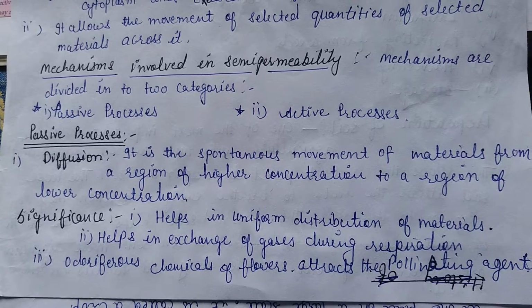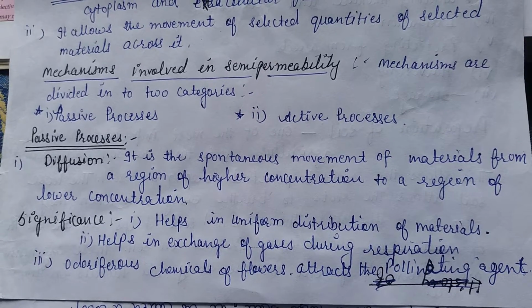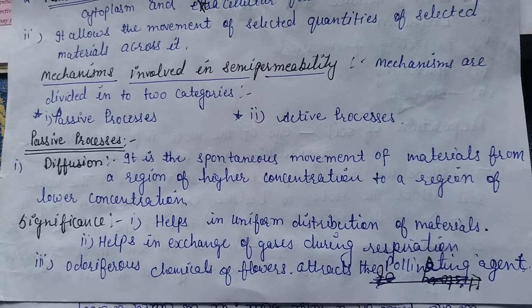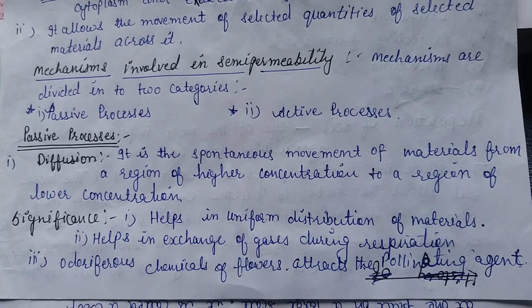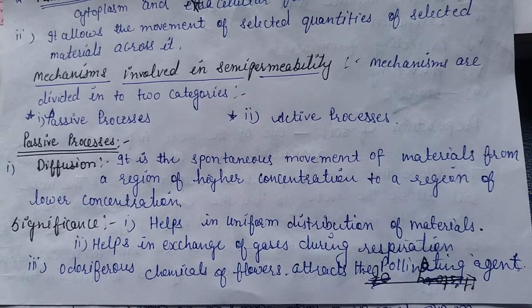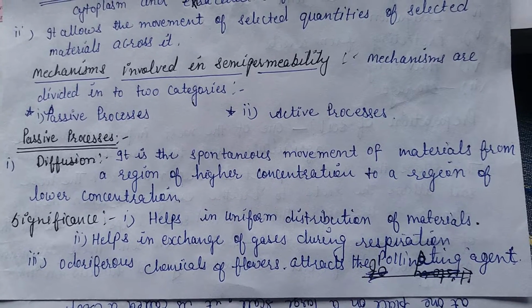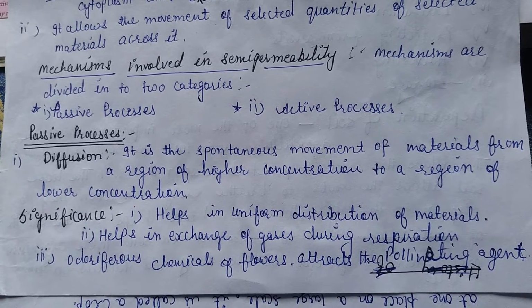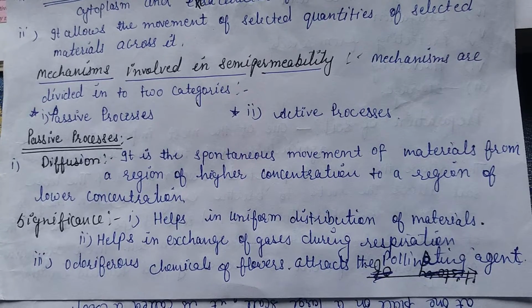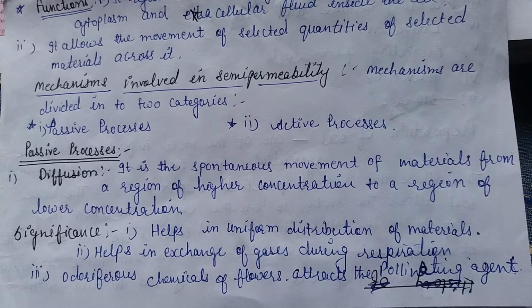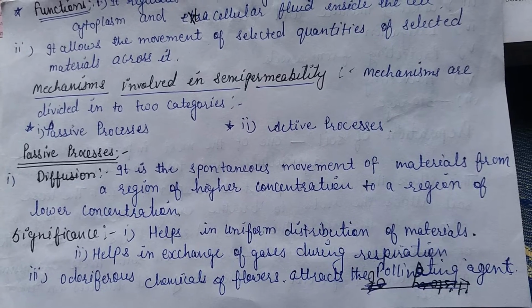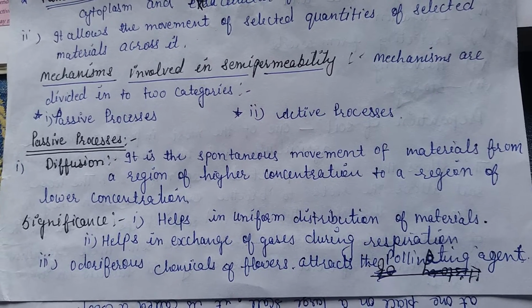For example, if we take water in a beaker and add blue crystals of copper sulfate to it, what happens? We observe that the whole water turns blue. This is due to the process of diffusion, because the blue color moves from its higher concentration to its lower concentration.